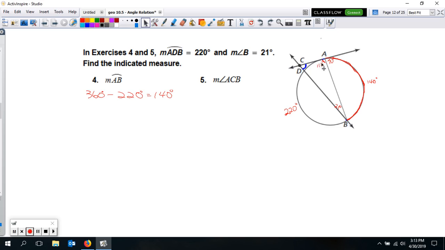So now I have 110, 21, and the mystery one over here. In a triangle, all angles add up to 180 degrees. So we can say 180 minus 110 minus 21. When I subtract all of that, I get 49. So 49 degrees is our angle measure over here.